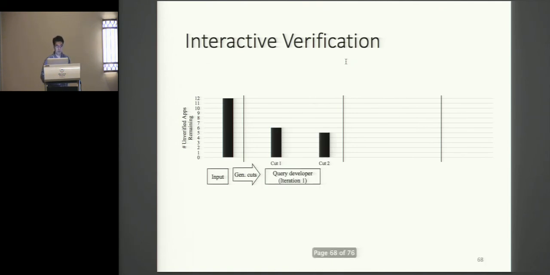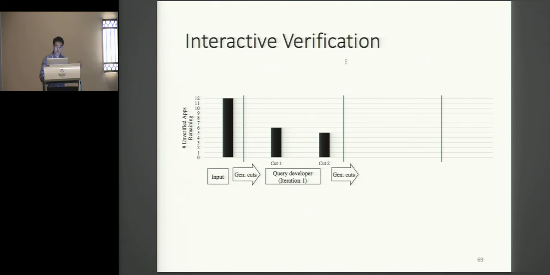So we just generated some cuts. As with the last experiment, we generated 2 cuts. And in black, I'm showing the cumulative number of apps remaining in the process. So the interactive verification process is going from left to right. After generating the first 2 cuts, for 7 out of the 12 apps, one of these 2 cuts was valid, so we could just remove that cut from the program and get a correct program that we could put on the App Store.